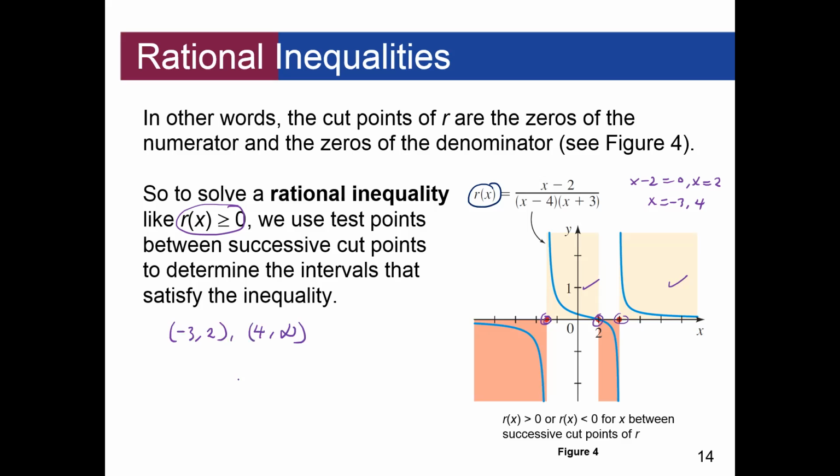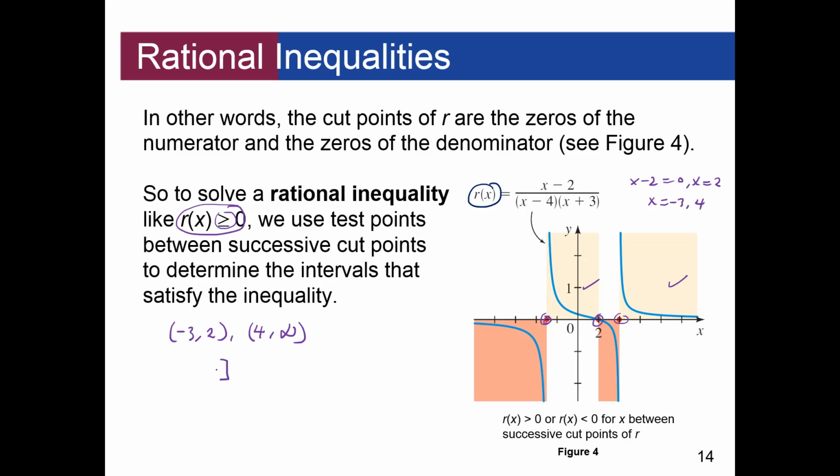So the question is, at the endpoints -3, 2, and 4, which of them can we include, because it's greater than or equal to? Could it be brackets instead of parentheses? For the numerator, x minus 2, which gives 2, there should be a bracket.